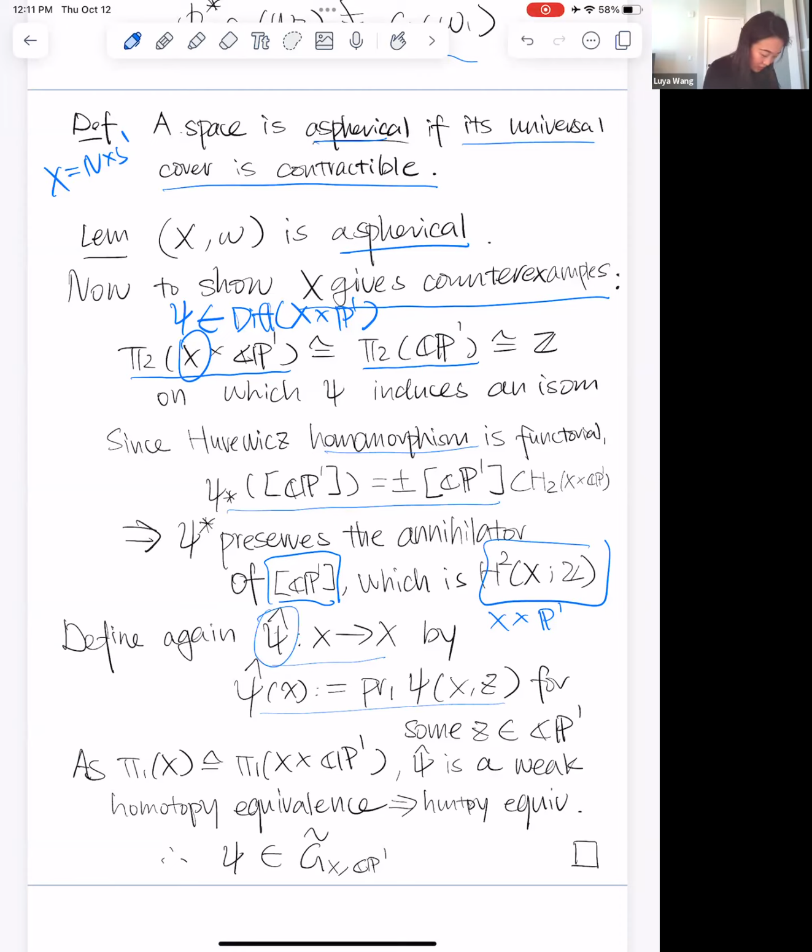Because of how simple our manifolds are, pi1 of X is equal to pi1 of X cross P1, so this is a weak homotopy equivalence, and so a homotopy equivalence because of CW. Anyway, our psi lies in G tilde, and we can apply the sufficient condition again to obtain that this X cross S2 has non-deformation equivalent symplectic forms.